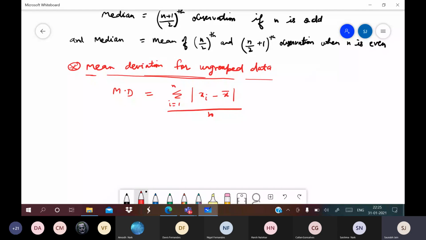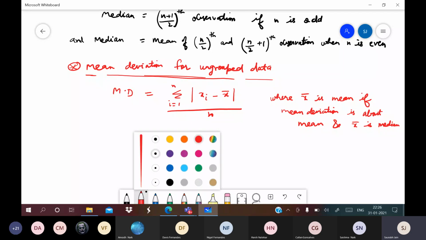Now this is the formula, where x bar is mean if mean deviation is about mean, and x bar is median if it is about median. That means you will have to find x bar. And see, x bar is not just mean.